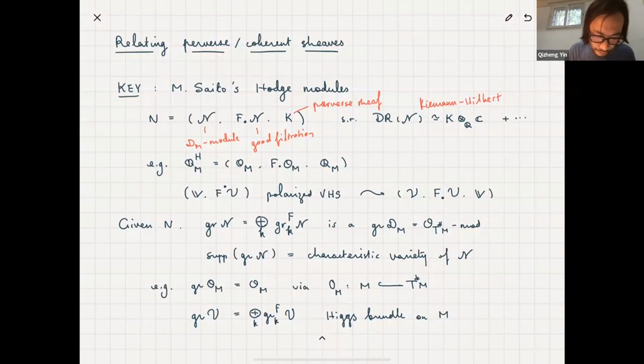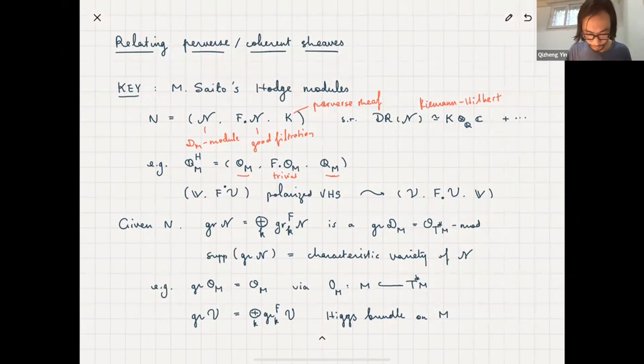So the typical examples of Hodge modules will, first of all, if you have a trivial local system, I mean, you have the constant sheaf, and then the corresponding D module will just be O, and then this filtration is also trivial, concentrated in degree 0, and then this is the constant sheaf up to some shift. And this will be called Q_M^H, with the superscript H standing for Hodge.